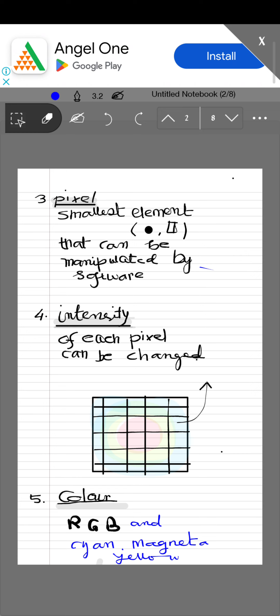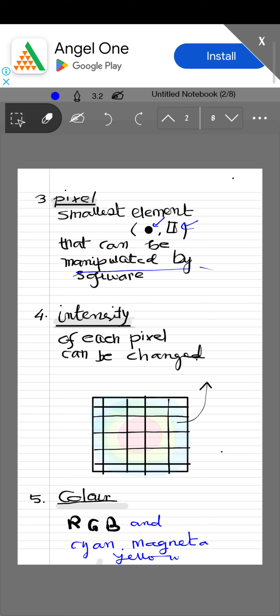Pixels are the property that makes a certain area be called a pixel, and it can be manipulated by software. The area can be a dot, or it can have a geometrical shape like a square.